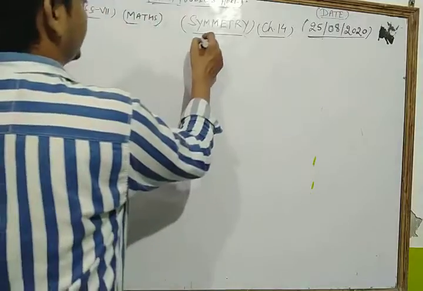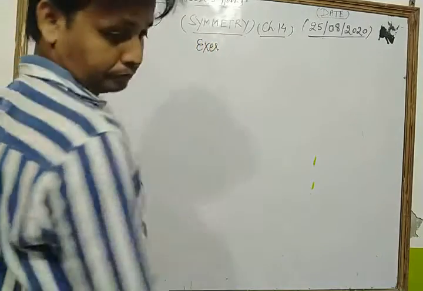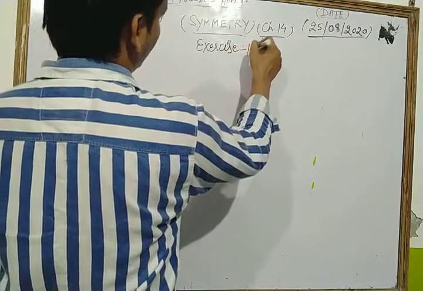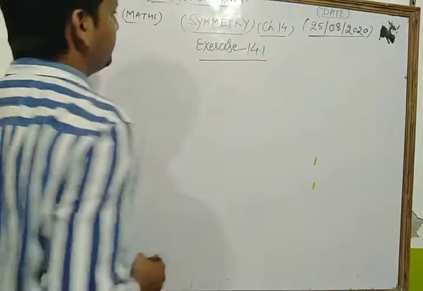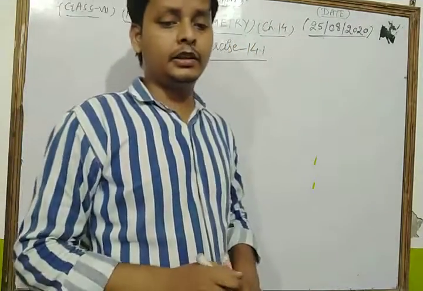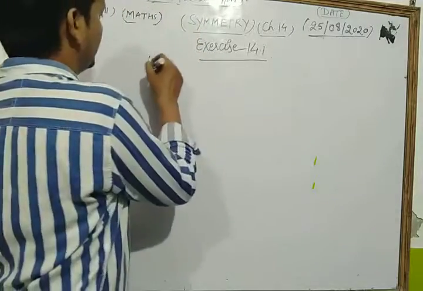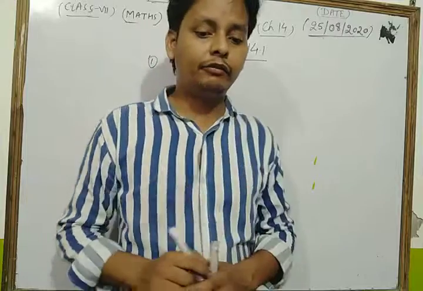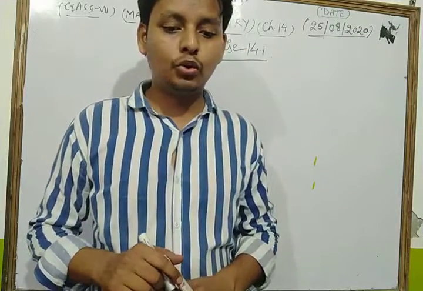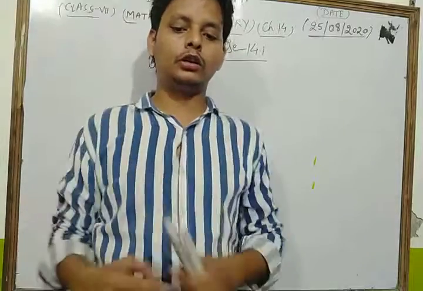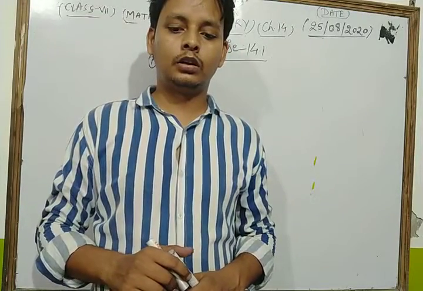Now we discuss exercise 14.1. In that exercise, in the first part of this question, the first question is what? Copy the figures with punched holes and find the axis of symmetry for the following.